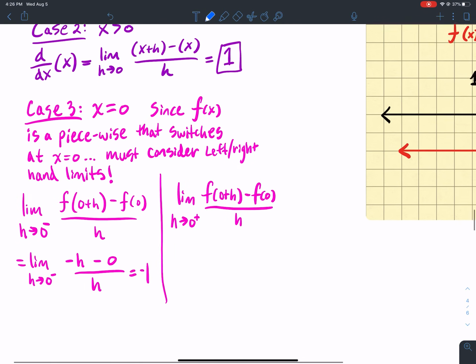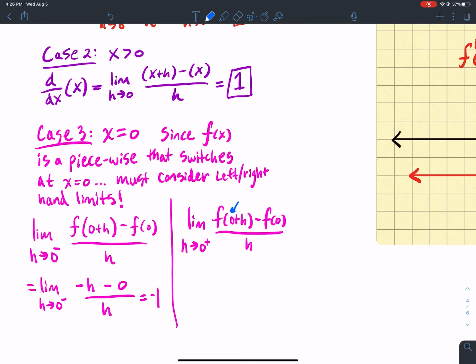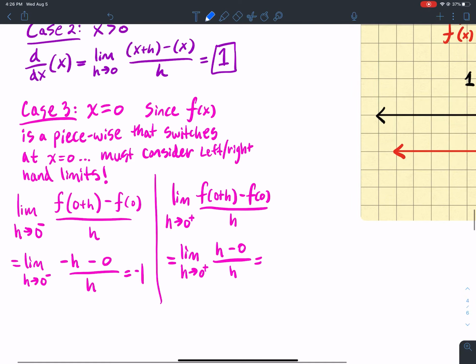But let's run through the math here. So I plug in 0, derivative at a point. I plug in the point there. And so what does that get me? That gets me h minus 0 over h. Remember, derivative at a point. On the positive side, x greater than or equal to 0, that means I just use the x function.